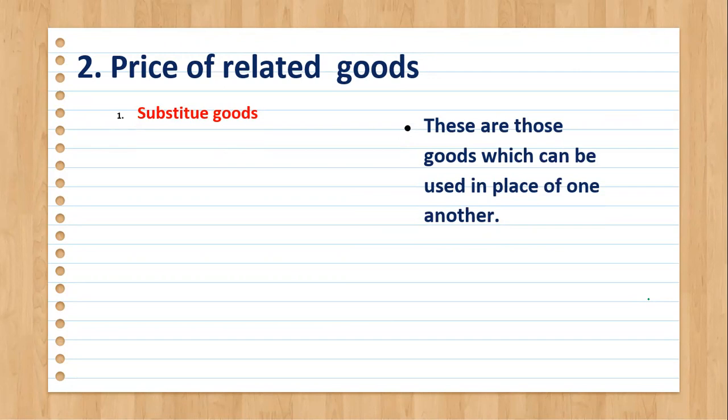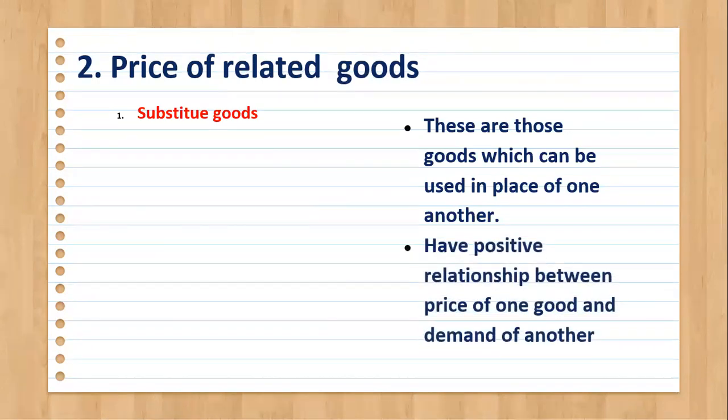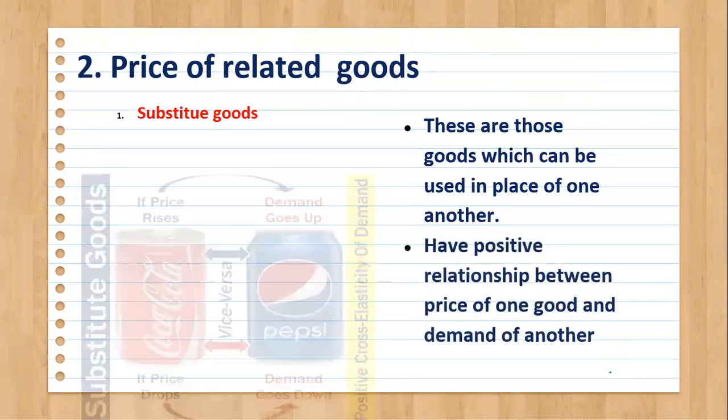If the price of tea increases, I would prefer to have coffee. So demand for coffee increases. Coke and Pepsi: if the price of Coke increases, I would rather shift to Pepsi. So the price of one commodity is leading to a rise in the demand of another. That is why they have a positive relationship between them.